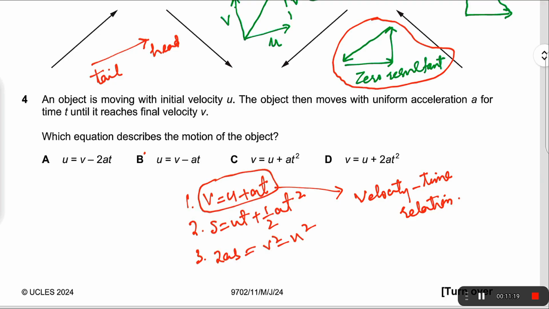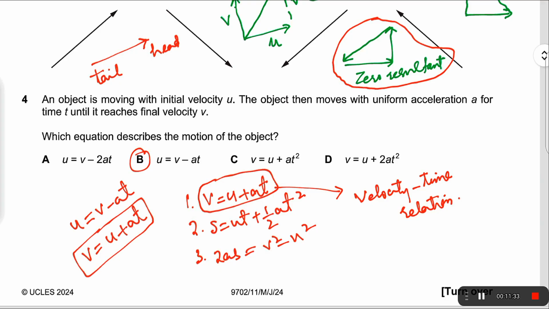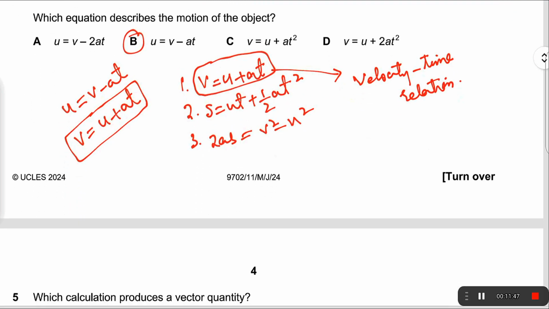Yes. Just check it. It is written as u equal to v minus at, but we can write it as v equal to u plus at. The examiner just changes u and v. He makes u the subject, and we are generally taking v as the subject. I hope you understand it very well.